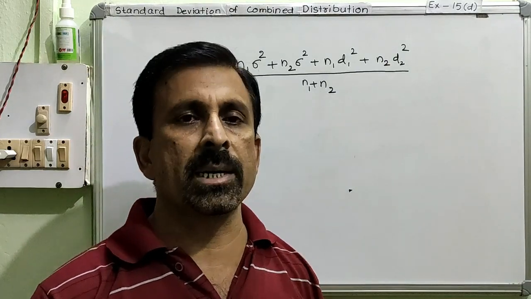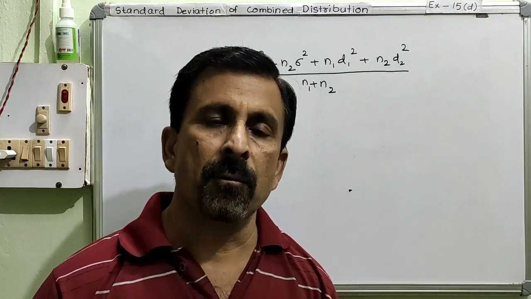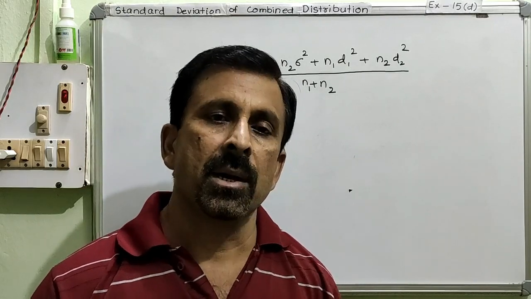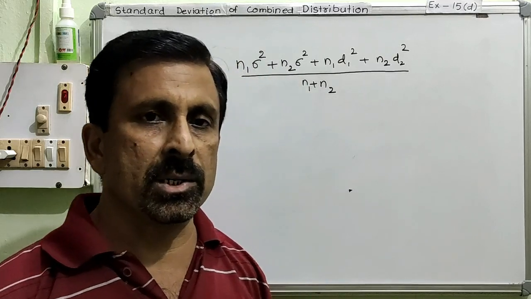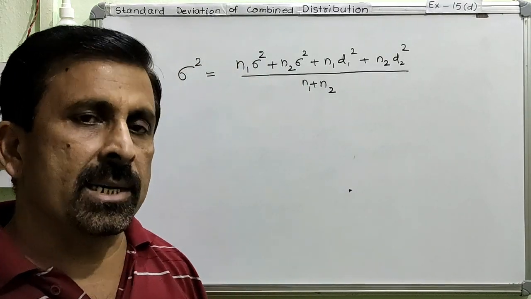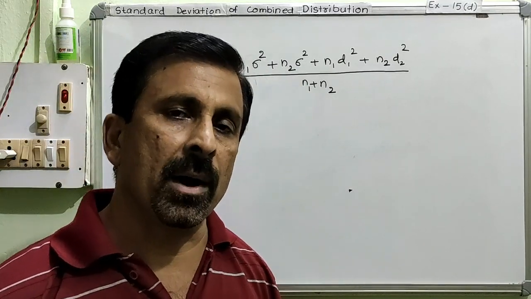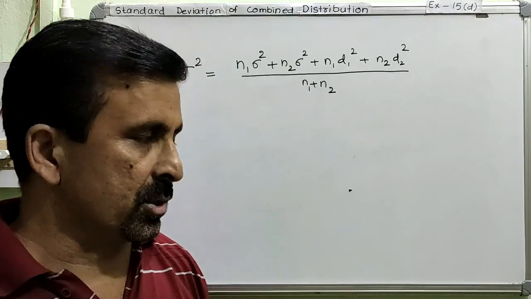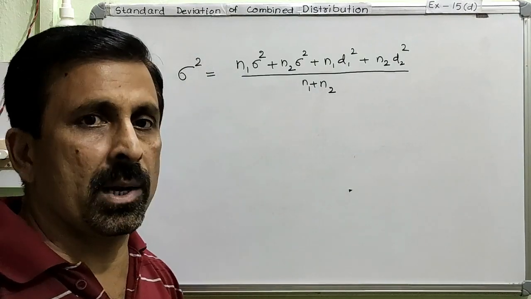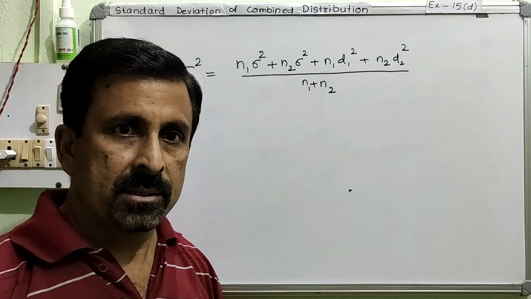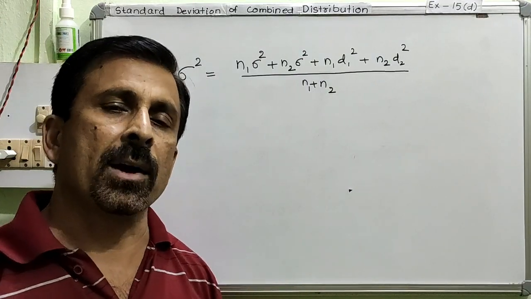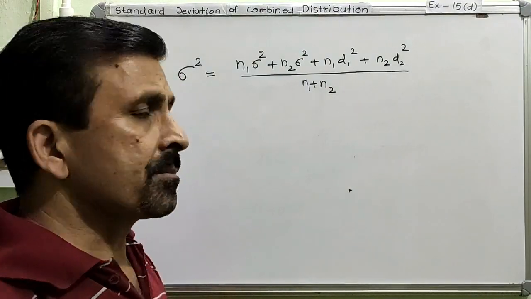So we are already done with the combined mean for the combined distribution. Now we are going to look into the standard deviation of a combined distribution. So we need the formula for calculating it.